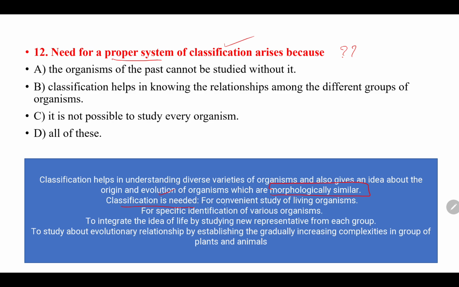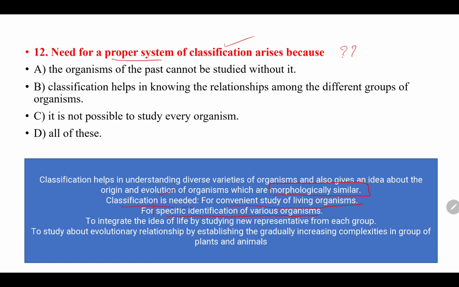See, one is for the convenient study of living organisms. Next is for specific identification of various organisms. There are so many organisms on this earth and we have to identify them specifically. Yes, this is nothing else but Panthera leo. This is Solanum tuberosum.